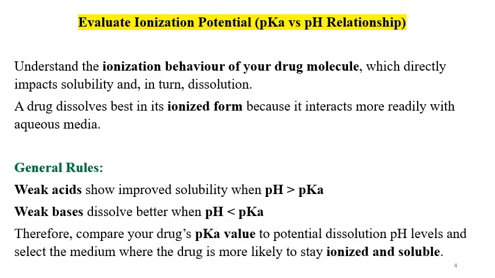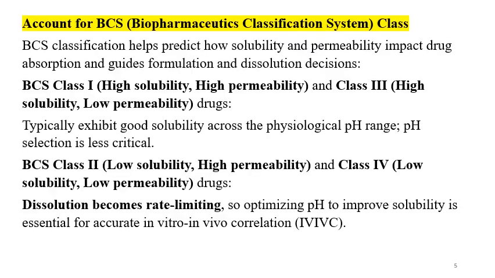Therefore, compare the drug pK value to potential dissolution pH levels and select the medium where the drug is more likely to stay ionized and soluble. Because if it is not soluble, the dissolution results will not be robust and will vary from batch to batch and from day to day.